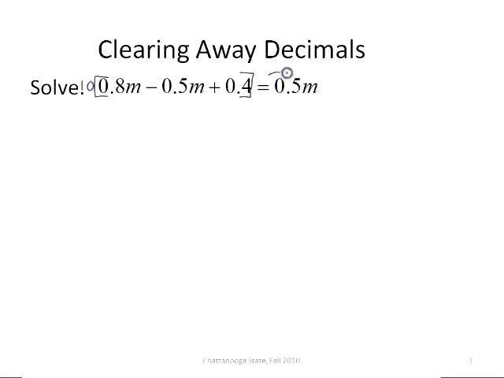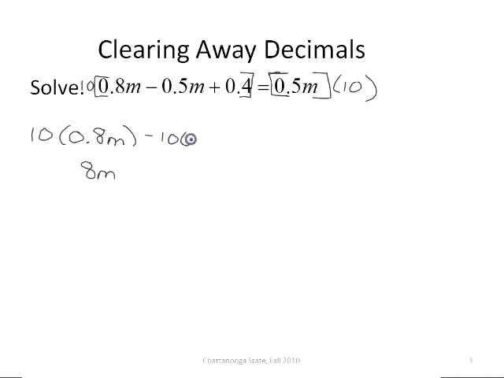Because here, I only have one digit behind the decimal point. So the furthest it goes back is the 10ths column in every term. So I want to multiply 10 times every term. 10 times 0.8m is going to move the decimal point to the right one place. So that will give me 8m.